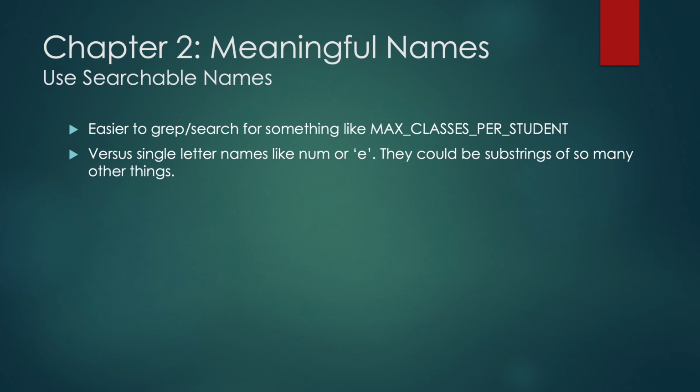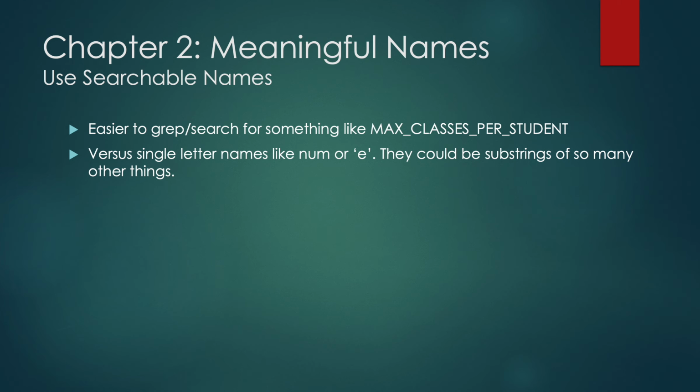But if you name something like E or A or R and then try to search for that across the code base, E is the most common letter in the English language. So there will be a lot of strings and parts of your code that have this, right? So these names are not very searchable in that sense.